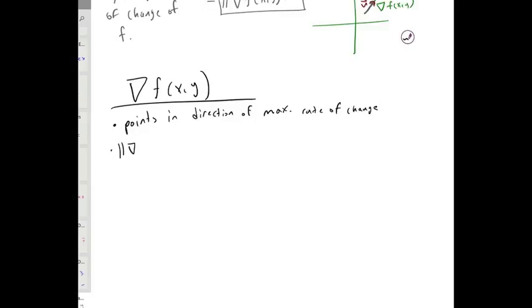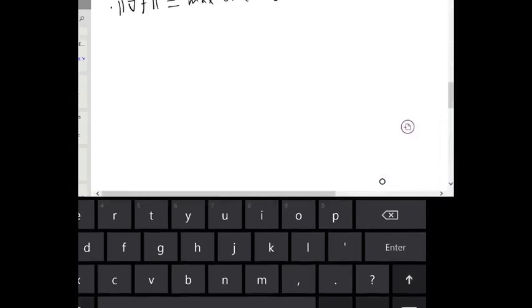Its magnitude equals the maximum rate of change. And we'll show one more property. It's normal to the level curve.